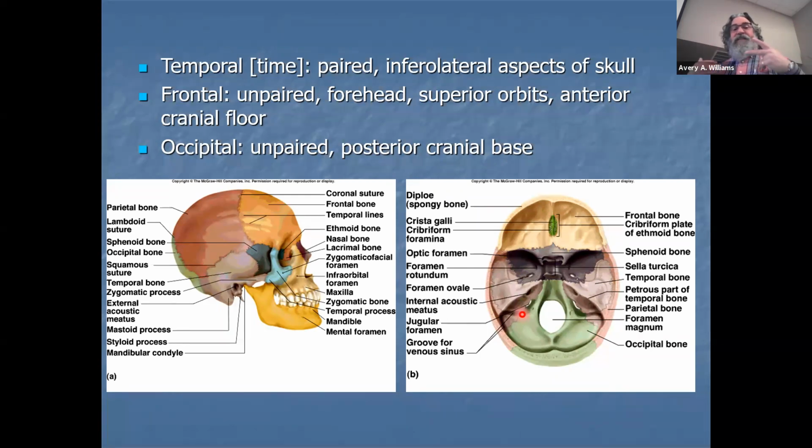Now, studying the skeleton, you're going to learn a bunch of osteological buzzwords and some osteological terms that are unique to the skeleton, like the word foramen. That's singular. Plural for the word foramen is foramina, all right? You have all kinds of different foramina in the skeleton.